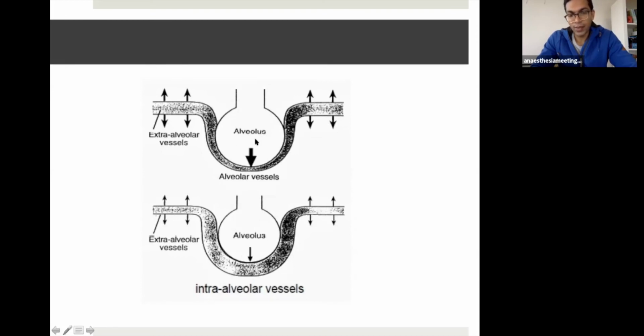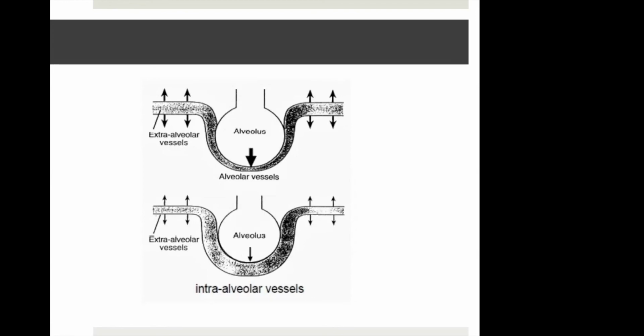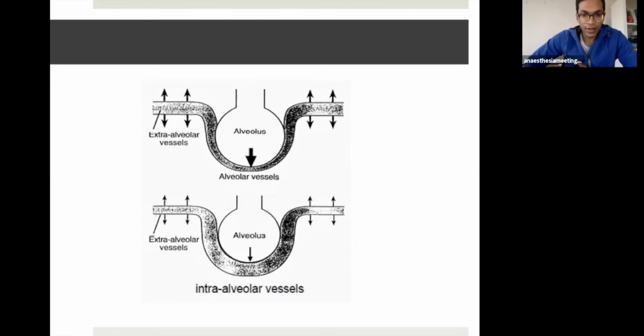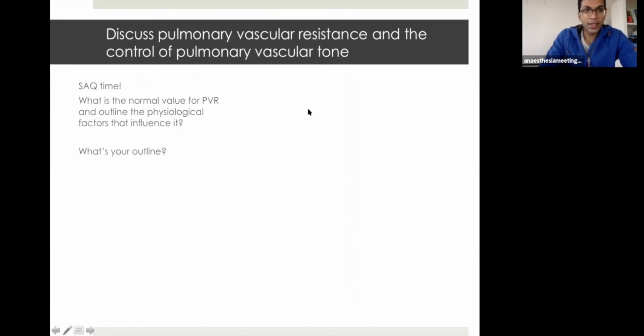But what does happen to the extra-alveolar vessels at high lung volumes? The extra-alveolar vessels get stretched. Yeah, and the term is traction on the extra-alveolar vessels, which opens them up, increasing their caliber, decreasing their resistance. And you refer to this graph, which is correct.